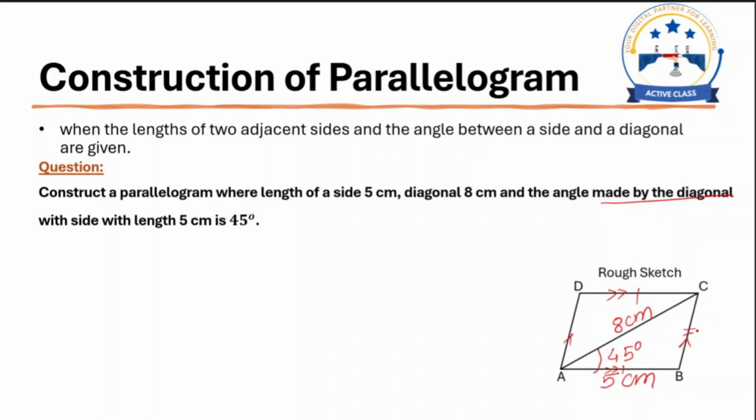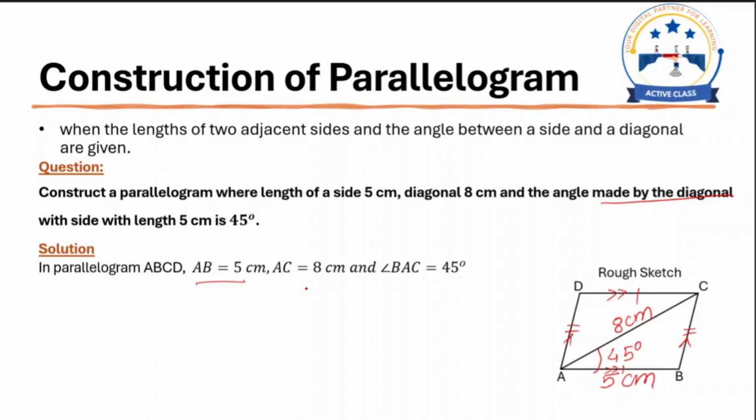Once you know these things, then you can easily construct it. Our solution starts with given information. So the given informations are in parallelogram ABCD, AB is 5 centimeter, AC is 8 centimeter, and angle BAC or CAB is 45 degree.